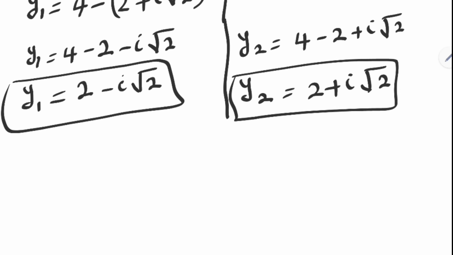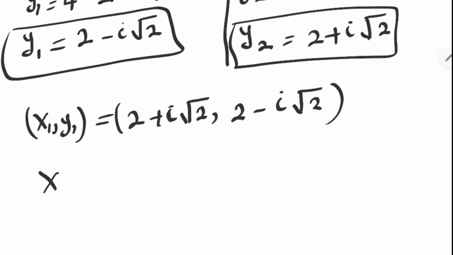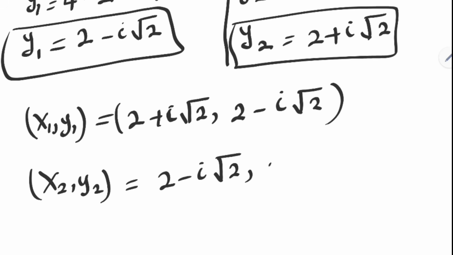Therefore, our final answers are x1, y1 is equal to 2 plus i root 2, 2 minus i root 2. x2, y2 is equal to 2 minus i root 2, 2 plus i root 2.